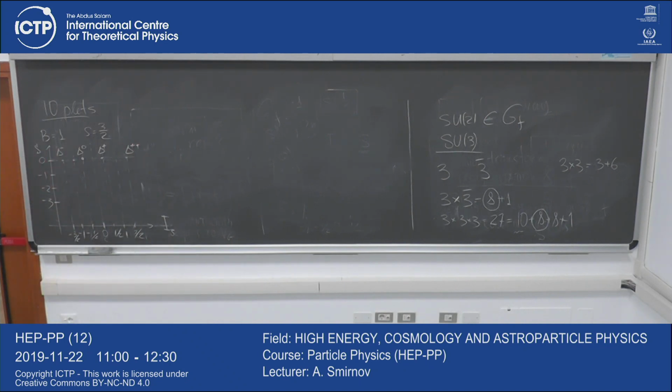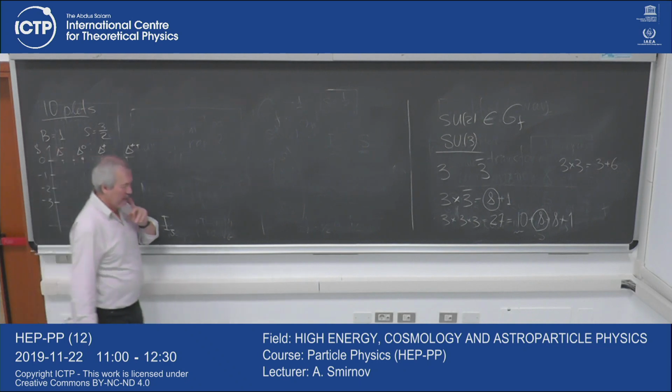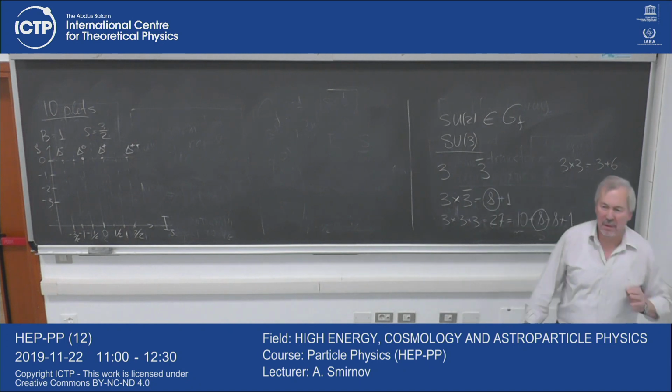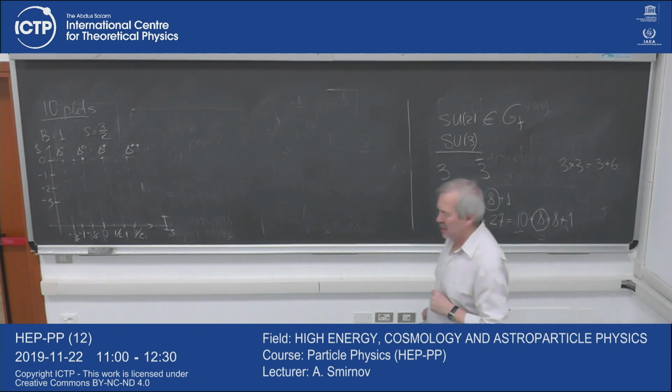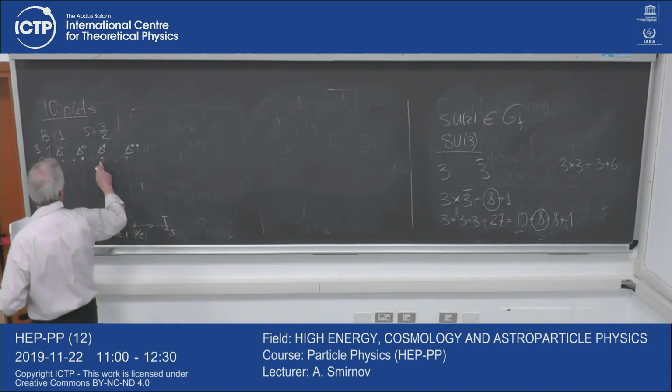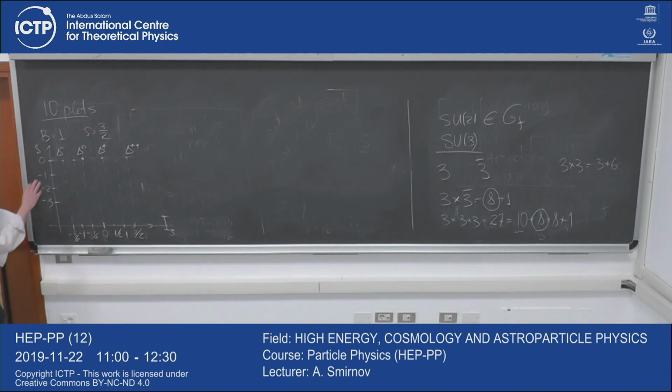Actually, these particles play an important role in the scattering of pions on protons, and we will have some exercise where you will deal with these guys. So you see there are 4 components. They form representation 4 of isospin. There are 4 components in the isospin multiplet.